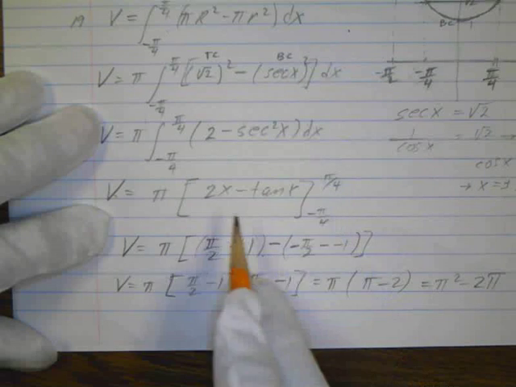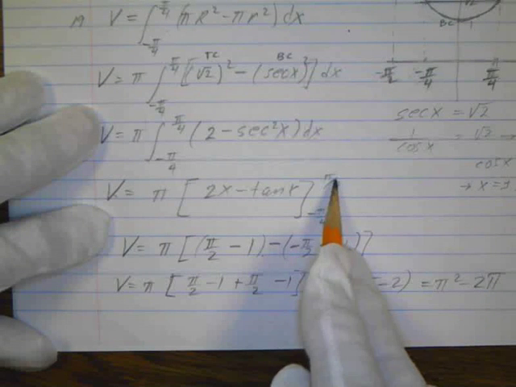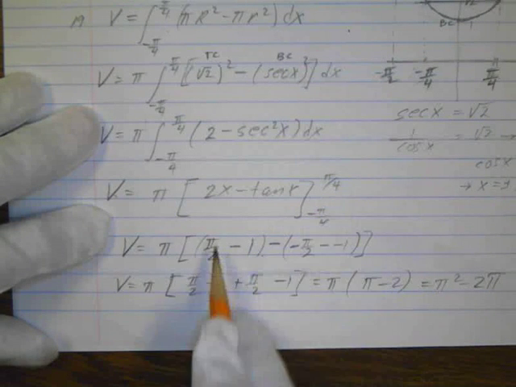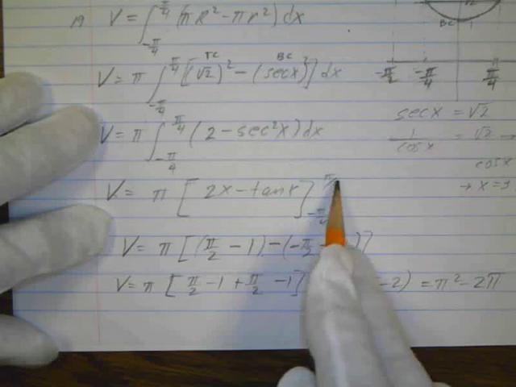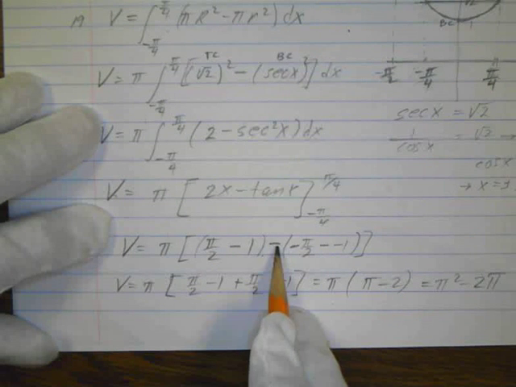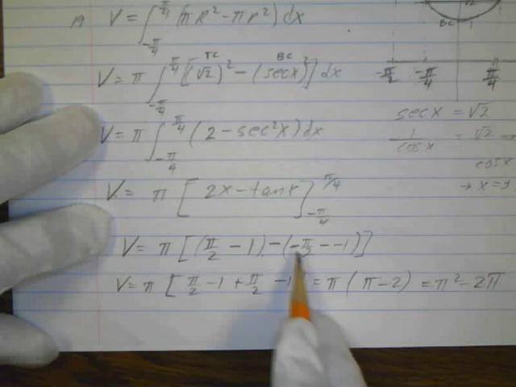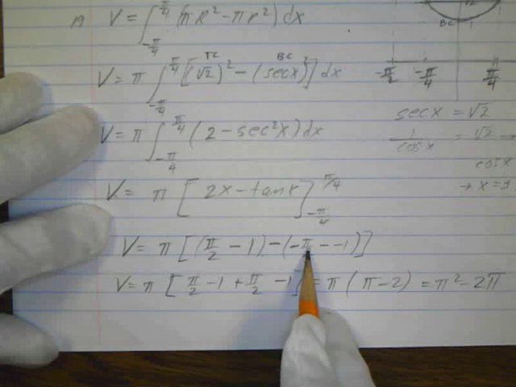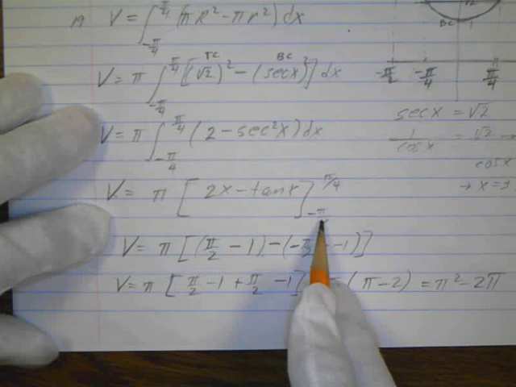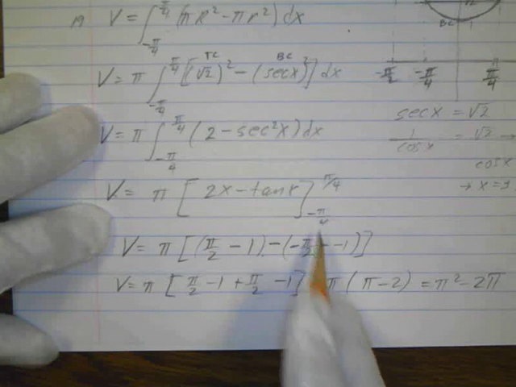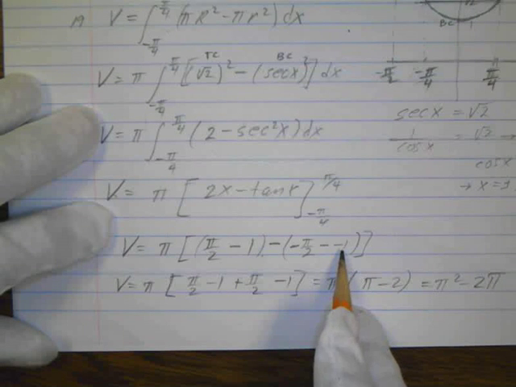And then I evaluate both these, so I've got 2x at pi over 4, that becomes pi over 2, and the tangent of pi over 4 is 1, minus, and then if I put negative pi over 4 into x, I get negative pi over 2, minus the tangent of negative pi over 4, that puts it in the fourth quadrant, so that's going to be negative 1.